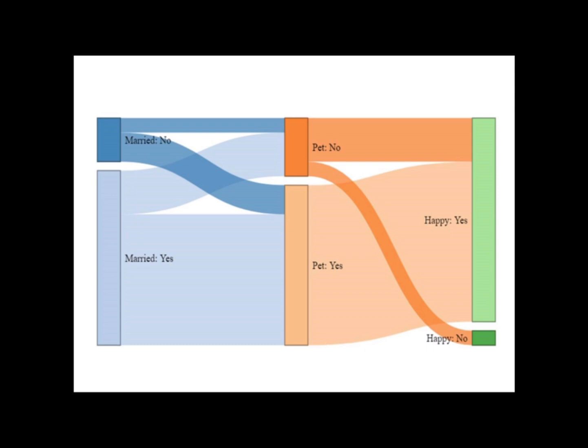But with Sankey diagrams, you have to be very careful if you want to use one. They're very cool if you have only a few variables involved. For this one, it's very easy: you're just looking at married, pets, and happy.